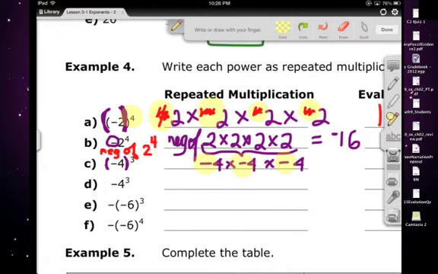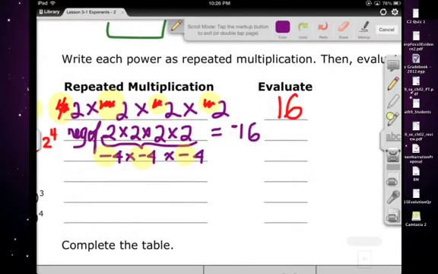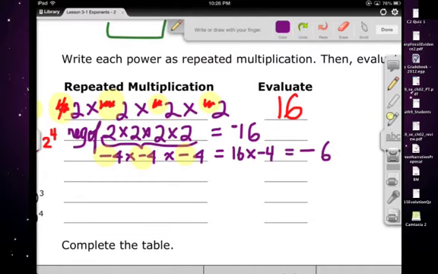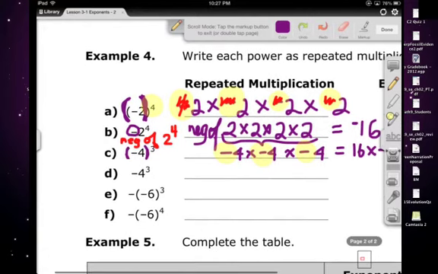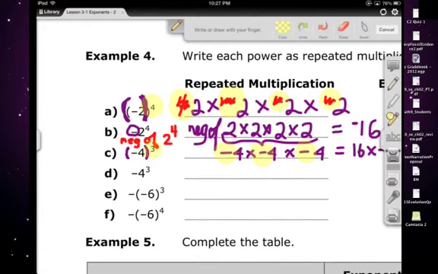Positive 16 times negative 4, which equals negative 64. Again, you notice a pattern. If the base is negative and the exponent is odd, there would be an odd number of multiplications, so the negative will win out.